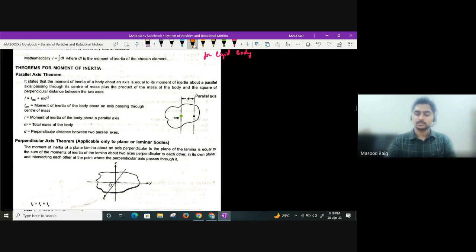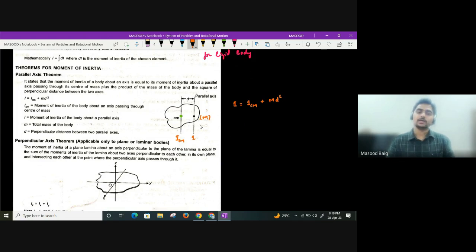Let us say the moment of inertia about this axis is I_CM. Then the moment of inertia about the given axis is the sum of the moment of inertia about an axis passing through the center of mass plus the product of mass and the square of the distance between them, guys. This is how we write the parallel axis theorem.